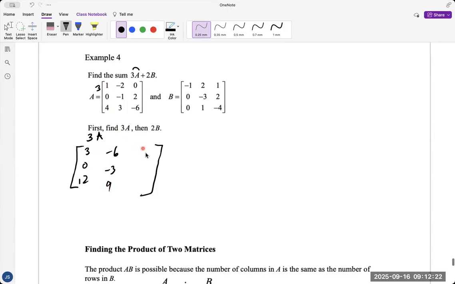Then 3 times 0 is 0. 3 times 2 is 6. 3 times negative 6 is negative 18.